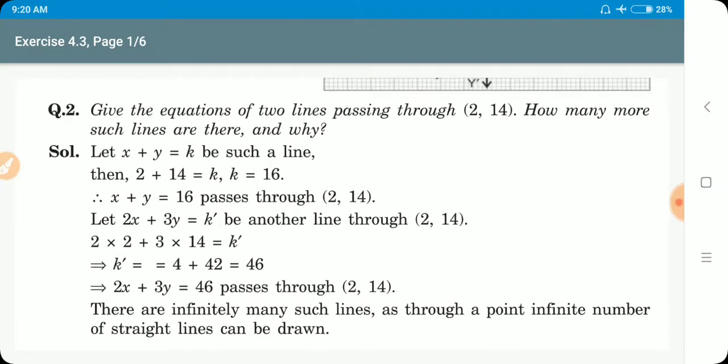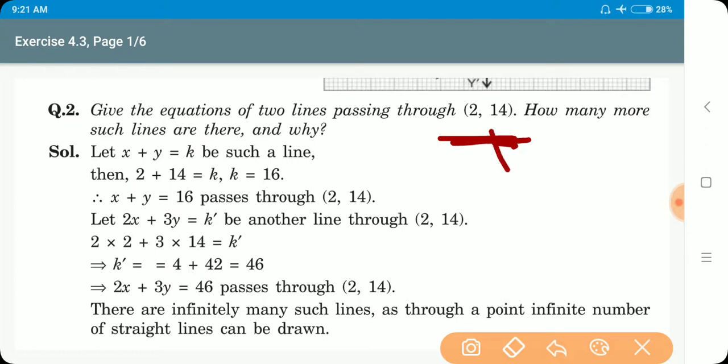You have to give the equation for two lines passing through this point. How many more such lines are there and why? So you have to give the equation for two lines which are passing through it, and he is asking how many lines. Now you see students, there is one point only.